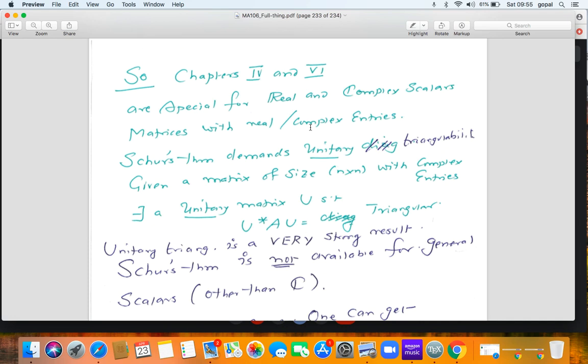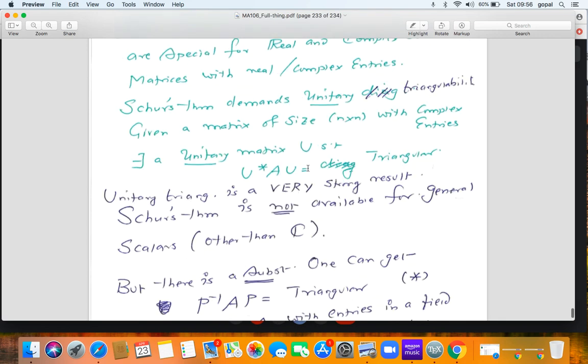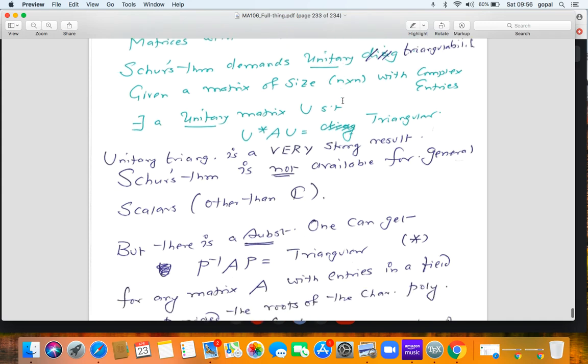Schur's theorem demands unitary triangulability. That is, given any complex matrix, there's a unitary matrix U such that U star AU is upper triangular. The fact that this matrix U is unitary is extremely important in many applications. But if you don't work with complex numbers, then you have to drop unitary also, because orthogonality and inner products are not defined for general fields.